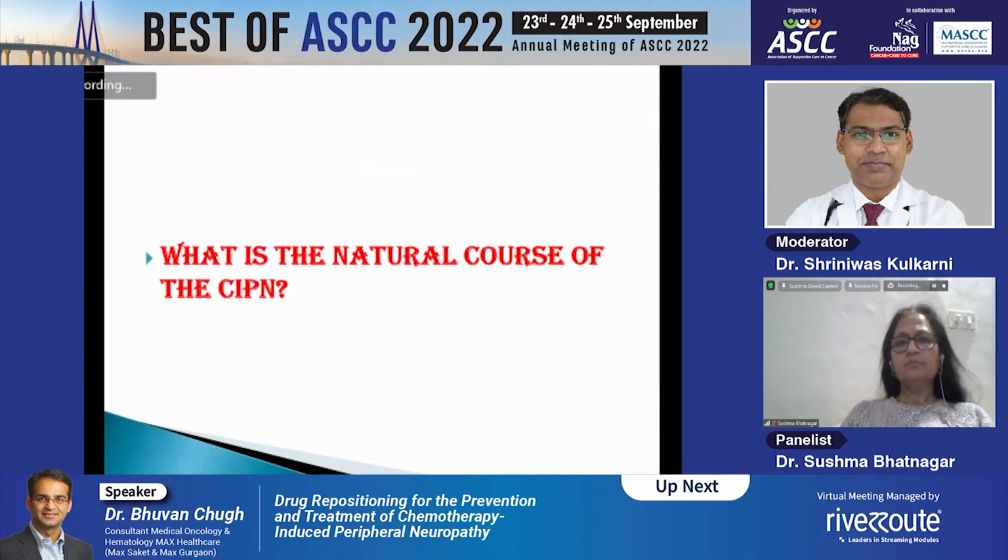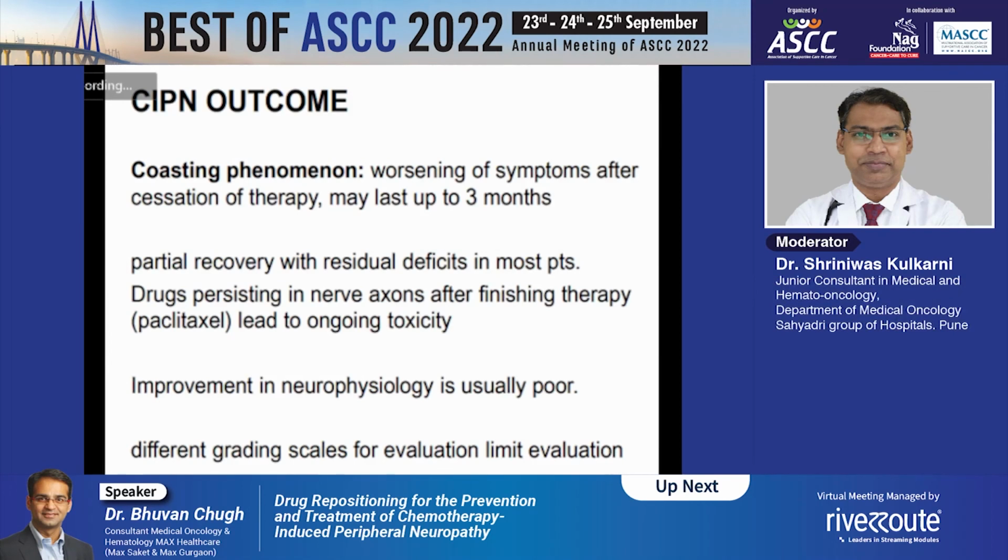So what is the natural course of the CIPN? Next slide, please. There is something called the coasting phenomenon. That means worsening of symptoms after the cessation of therapy, and it may last up to 3 months. It is one of the commonest things that we see when the patient is exposed to platinum compounds. There could be partial recovery with residual deficits in most of the patients.